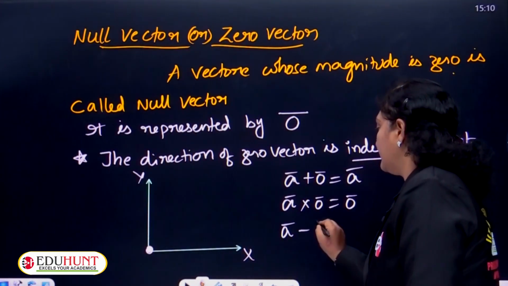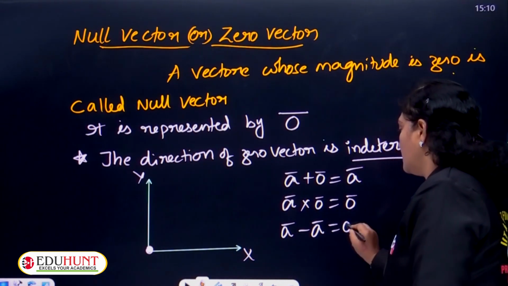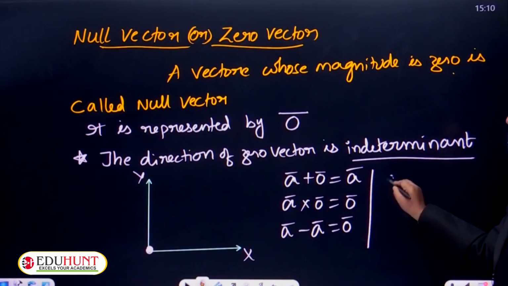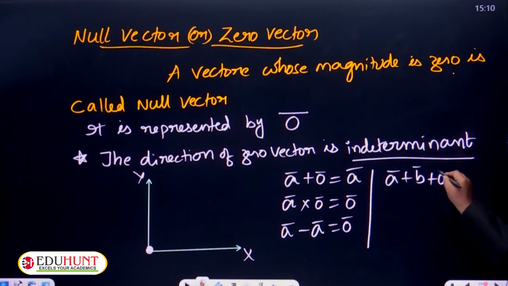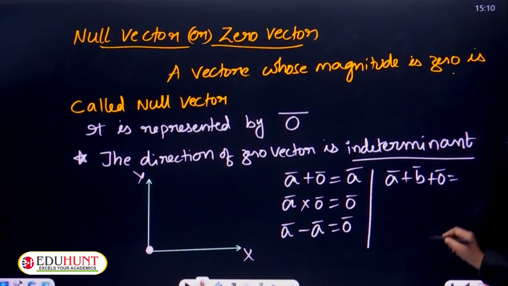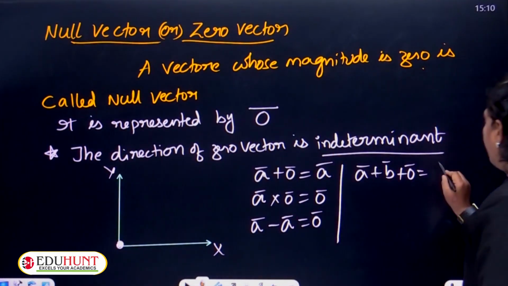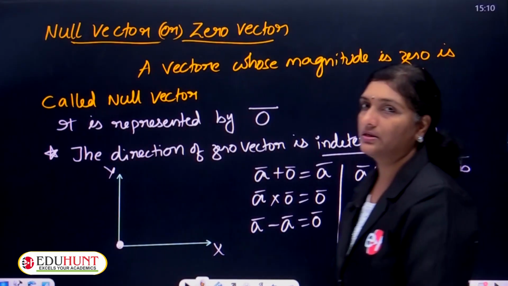Also, one vector subtracted by the same vector gives the null vector. Similarly, if A bar and B bar are two different vectors, and you add a null vector to it, then it will again give the same vector, that is A bar plus B bar. So these are the properties of null vector.